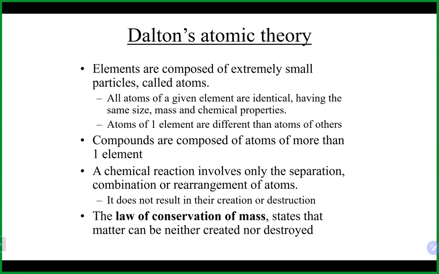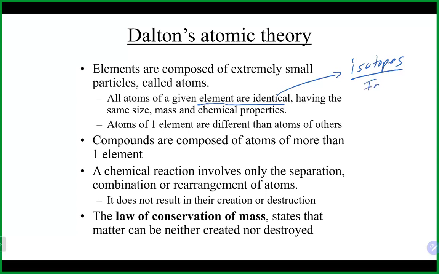A couple of these are incorrect, because of the existence of what are known as isotopes. Isotopes are the same element, but they have different masses. So if they are the same element and have different masses, their atoms are not identical, because otherwise they would have the same mass. So the existence of isotopes makes part of Dalton's atomic theory incorrect.